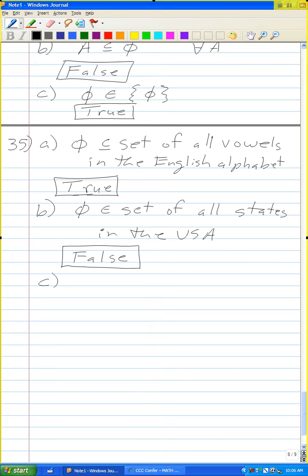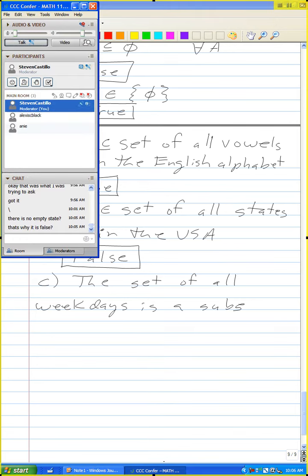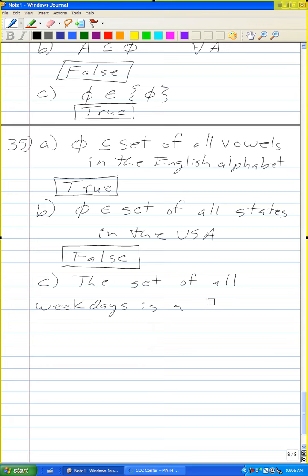C. The set of all weekdays is a subset. Why is it false?